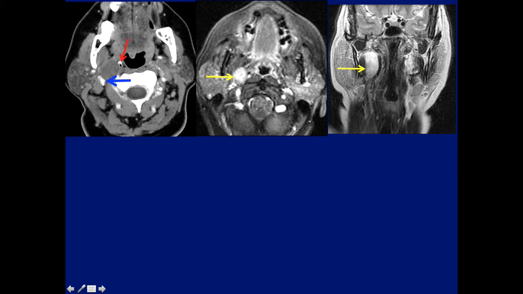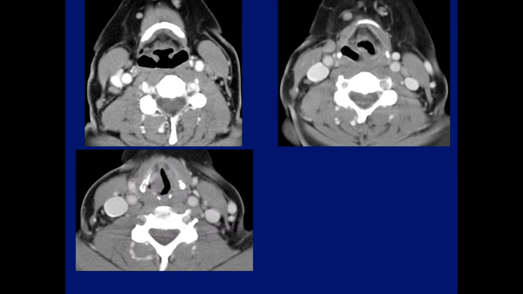So the carotid is pushed forward, the vein is compressed. This is the mass. But notice that the patient presented with laryngeal palsy. So this is again a proximal lesion causing distal vagus changes.